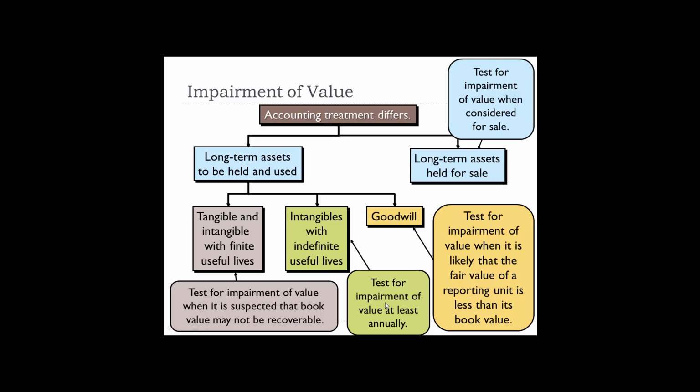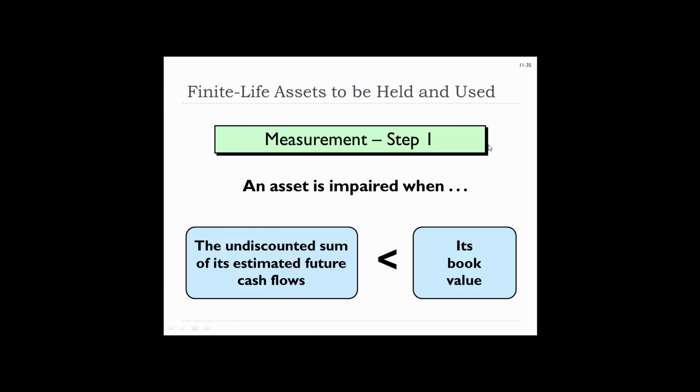If it's intangible, you would test for impairment at least annually. If it is goodwill, you would test for impairment of the value when it is likely that the fair value of the reporting unit is less than the book value. And if it's a long-term asset held for sale, you would test for impairment of the value when it's considered for sale.